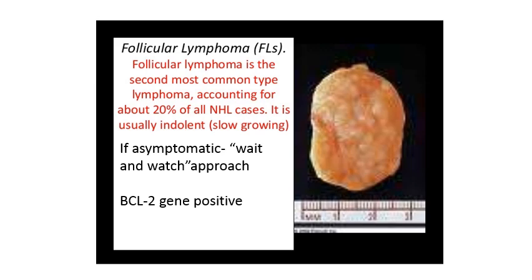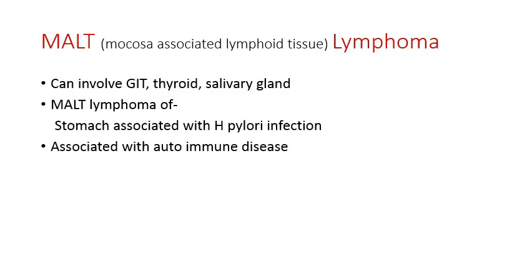And follicular lymphoma is a low-grade lymphoma, and it is important because the BCL2 gene is positive in follicular lymphoma. The MALT lymphoma is called mucosa-associated lymphoid tissue lymphoma.